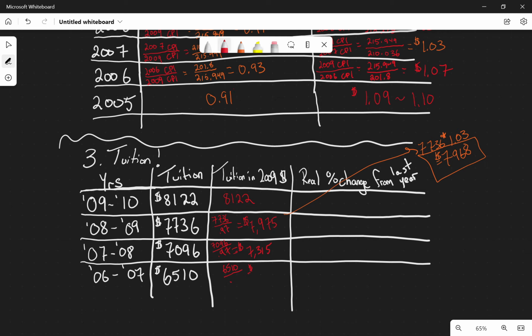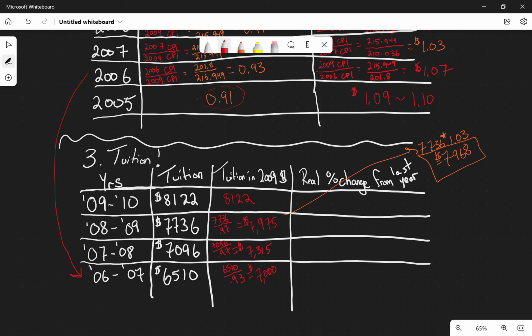I took that from over here, but that's for 2005. 2005 doesn't show up in here, right? So we actually need to take 2006, and so this is 6510 divided by 0.93. That looks better. So we end up with 7,000 flat.